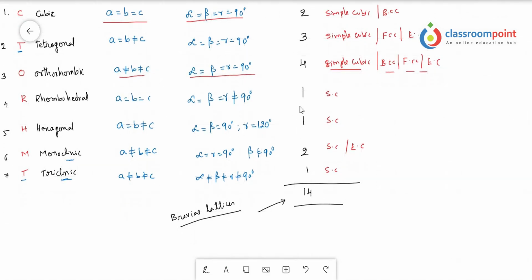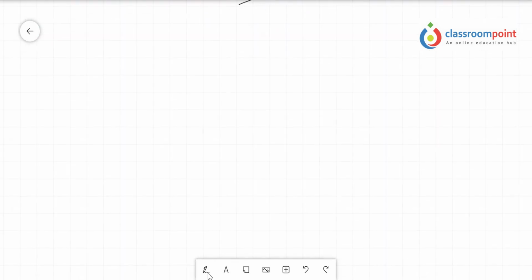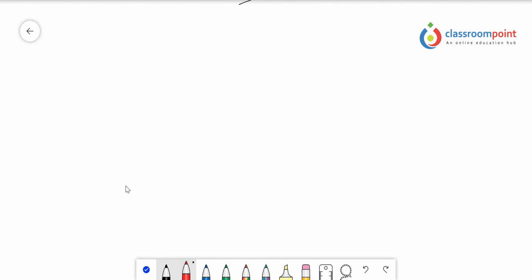So altogether, 14 types of arrangements are possible using the 7 basic crystal systems. These 14 types of arrangements are known as the Bravais lattices. So here I will write down the basic information. Number of unit cells is equal to 4.